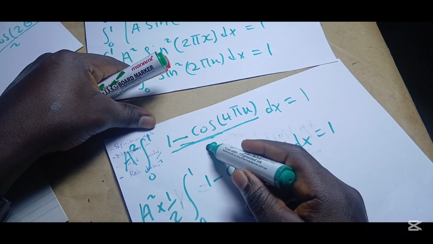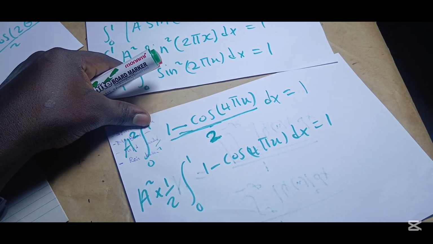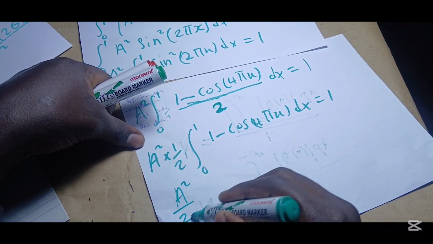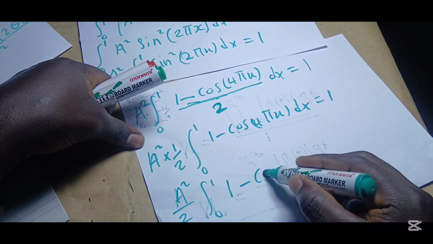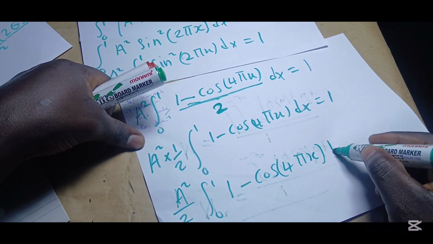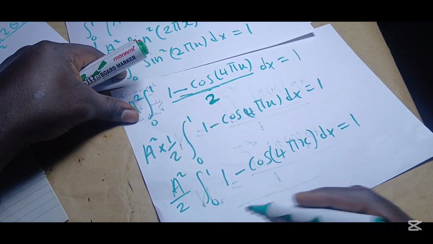We just factored 2 out. So now we can simplify this as a squared over 2 integral from 0 to 1 of (1 minus cos 4 pi x) dx equals 1. Now we want to integrate this.